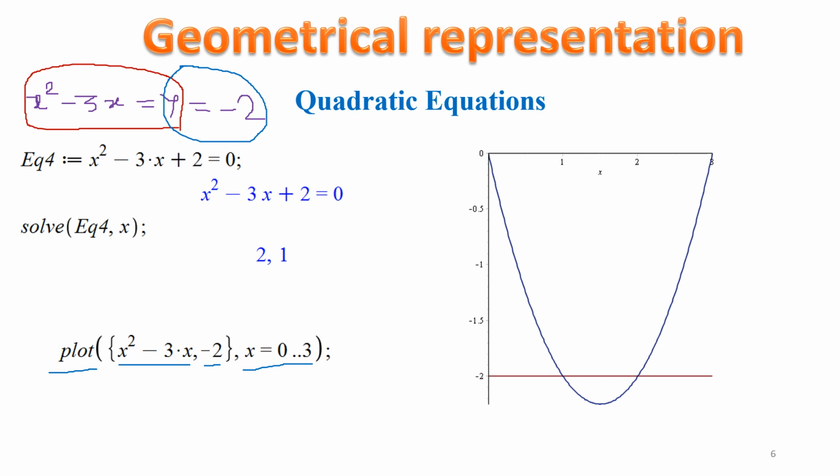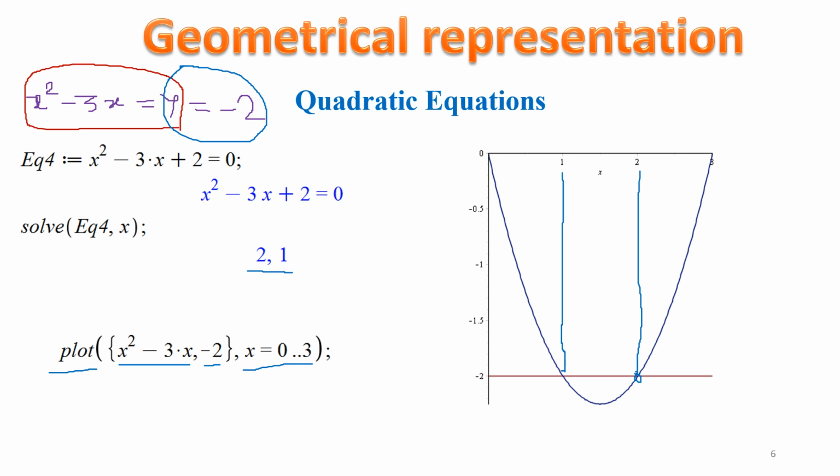Here you already know that it has roots 2 and 1. If we rearrange this equation and visualize the points of intersection of these two graphs, they are x equal to 1 and x equal to 2. So these are the roots.